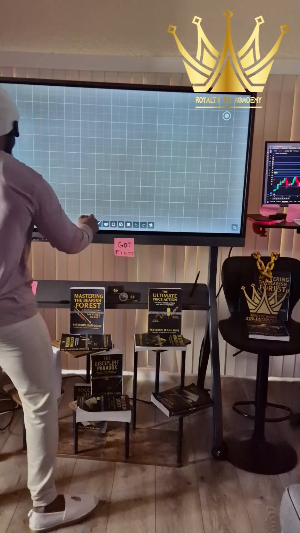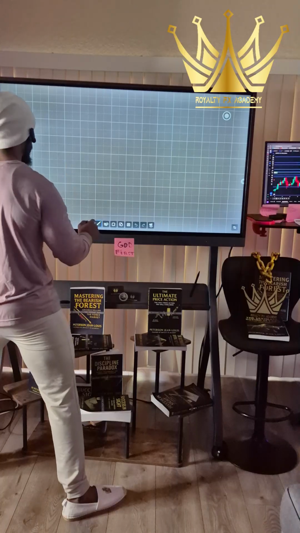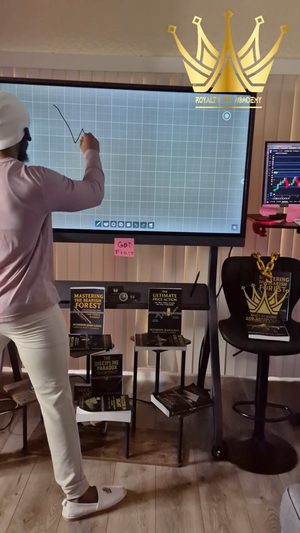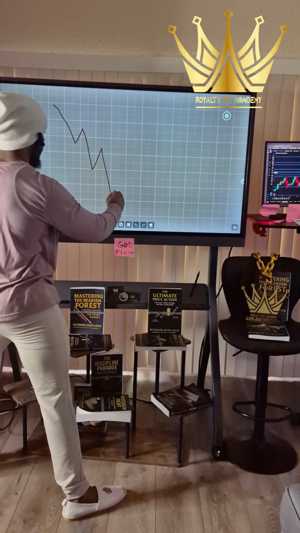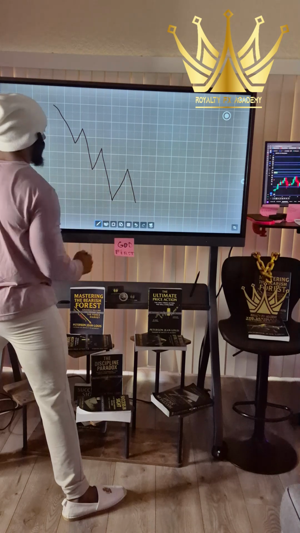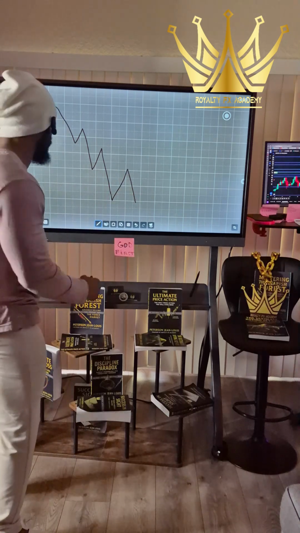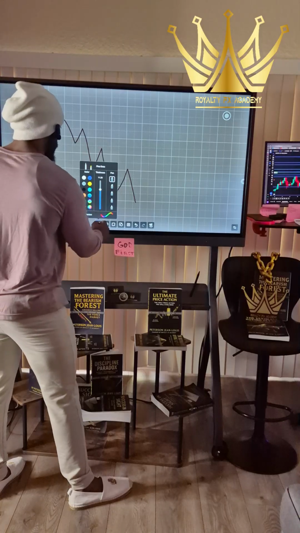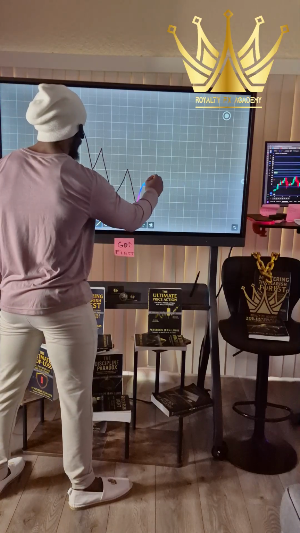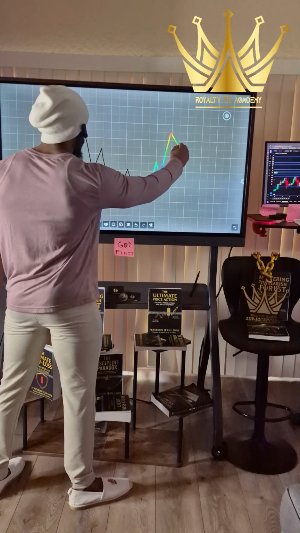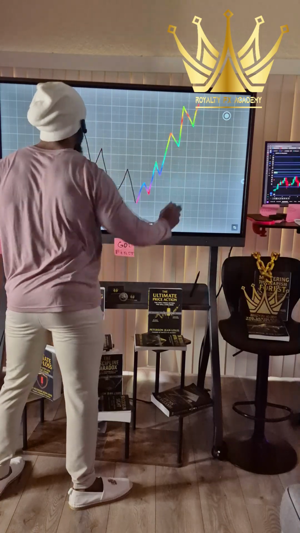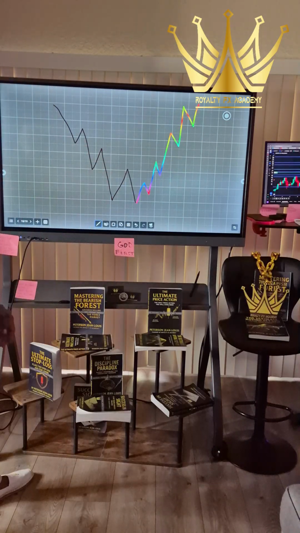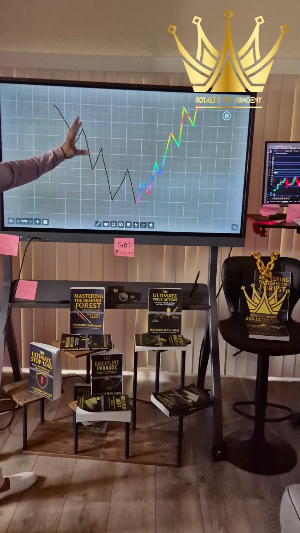So let's just say this is a selling trend. See how that looks? So the market sold and they bought. Like so. Now, this is how the monthly would look.